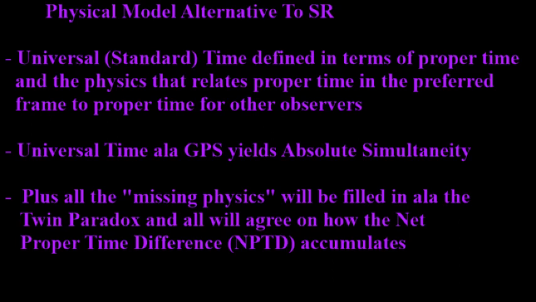Again, we talked about this a little bit before, but we have universal or standard time defined in terms of proper time, and the physics that relates proper time in the preferred frame to proper time for other observers.